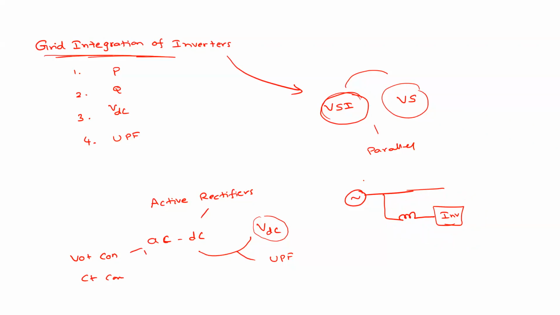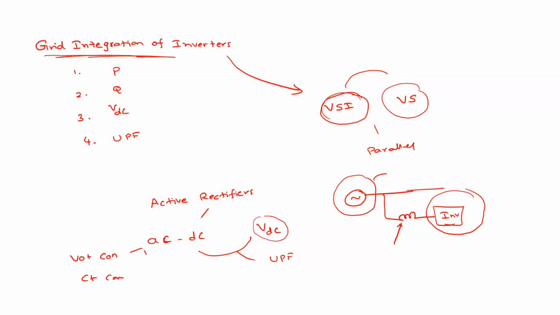Let us assume the instantaneous voltages are different. This inductor acts as a medium to match their instantaneous values.